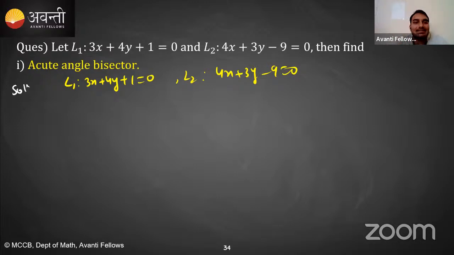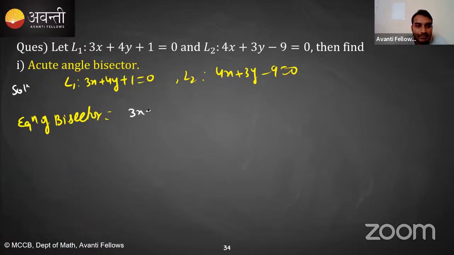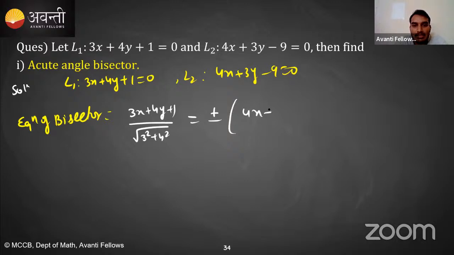First of all, let's write the equation of the bisector. What is the equation of the bisector? First line: (3x plus 4y plus 1) upon under root of 3 square plus 4 square is equal to plus minus the second line: (4x plus 3y minus 9) upon under root of 4 square plus 3 square.